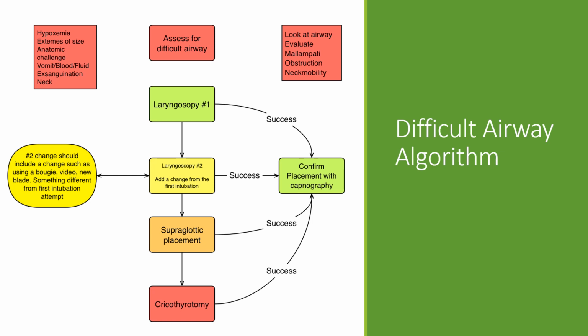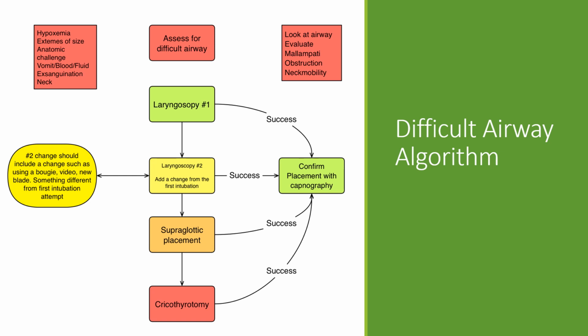That second attempt, hopefully we get that. If we still have a failure at this point, we're going to see if we can still oxygenate and ventilate via BVM or supraglottic. BVM is not quite on there, but if we can BVM any of these patients successfully with no issues, then we can still ventilate.